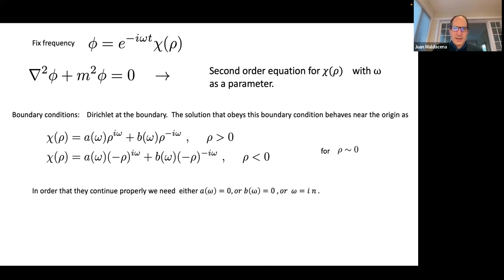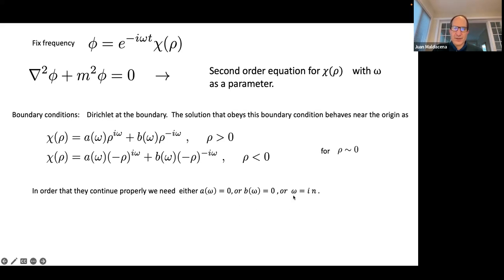Now, if you demand that these two functions are continuous as you move in rho from one side to the other through the lower half plane, then it leads to some conditions on these coefficients.